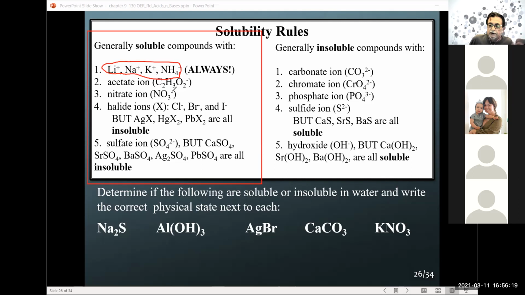No questions asked. Number two, that's the acetate ion, the other polyatomic ion. It comes from acetic acid. When you react a base with it, it forms the anion, which is the acetate. Try this at home: you could take baking soda and vinegar and put them together. The base is baking soda, sodium bicarbonate. The acid is acetic acid.